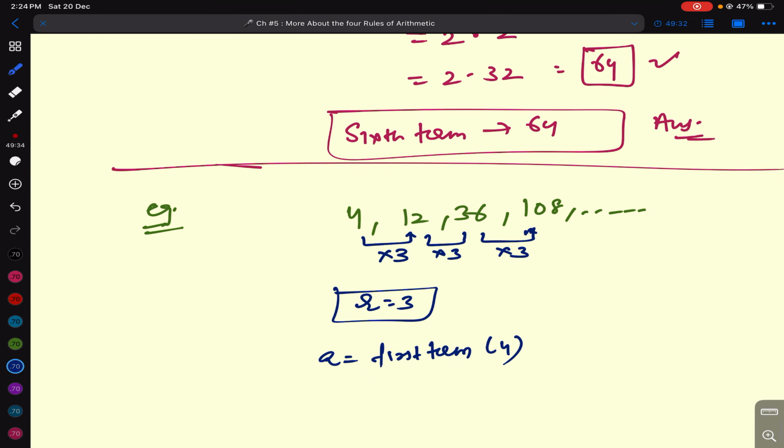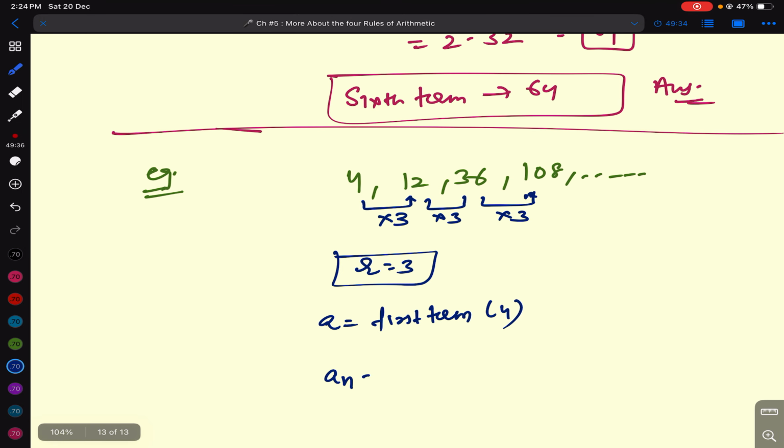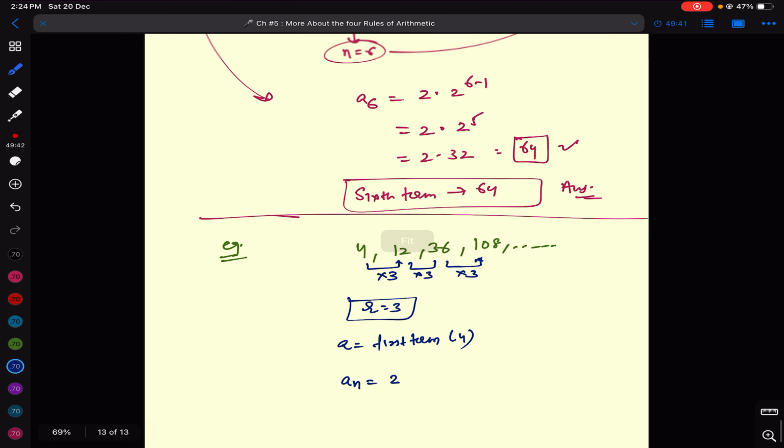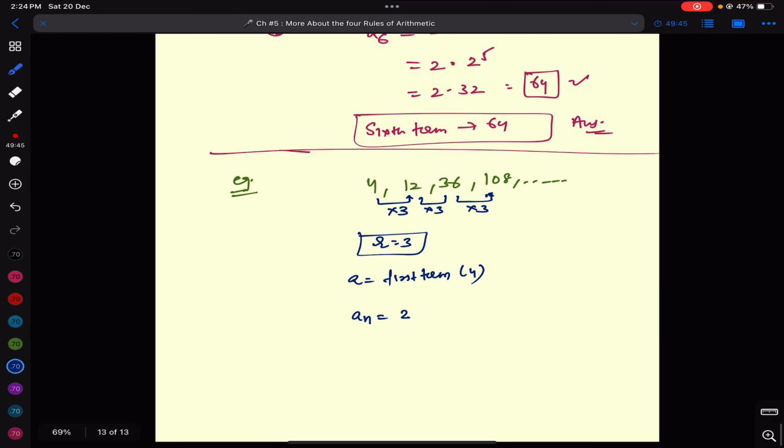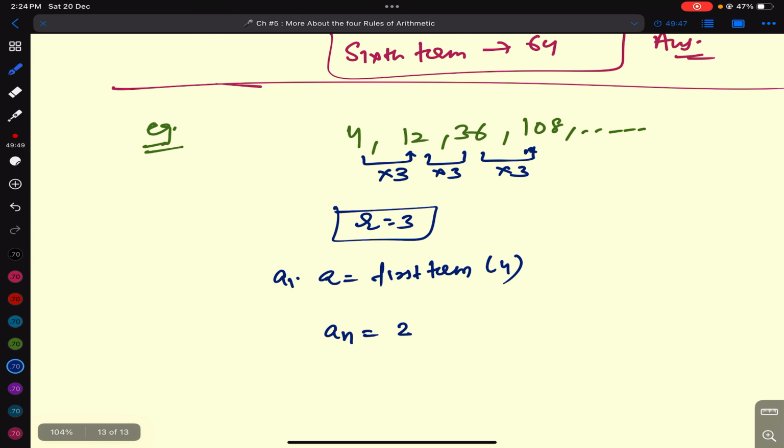That is 4. So you know that an is equal to, what was an equal to? An equals a1 times, a1 equals a, so they both refer to the first term. So an equals a times r to the n minus 1.